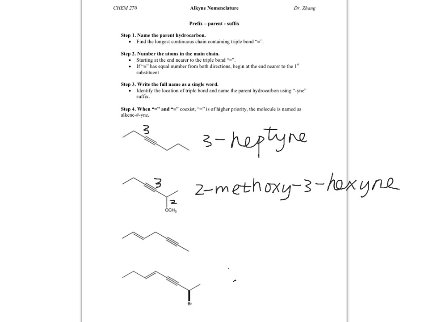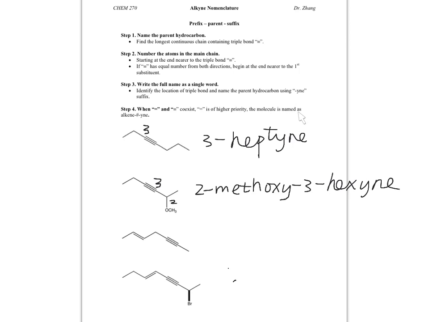All right, and the following 2 examples contain more than one functional group, a double bond and a triple bond. Under these circumstances, we need to come back and look at our step 4. When a double bond and a triple bond coexist, the IUPAC rule says the double bond is of higher priority. The molecule is totally named as an ene.